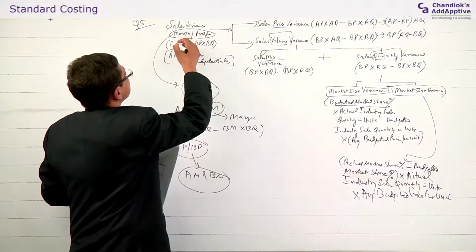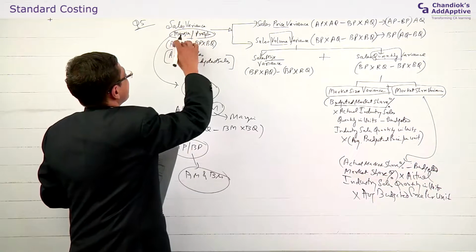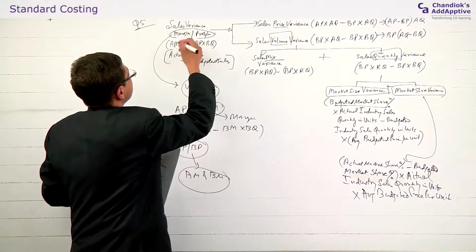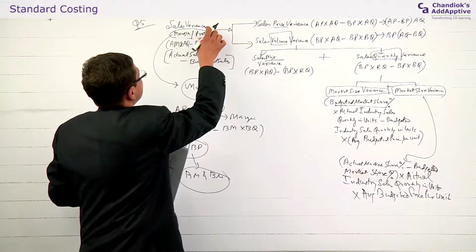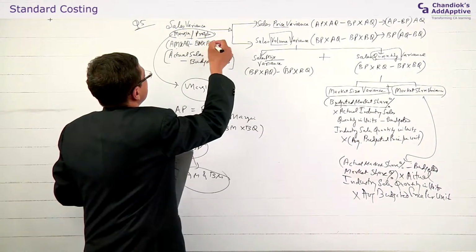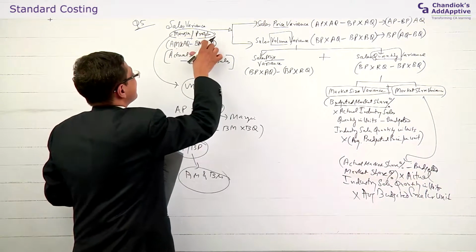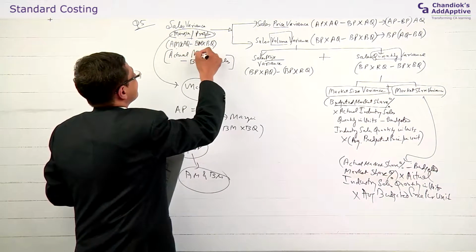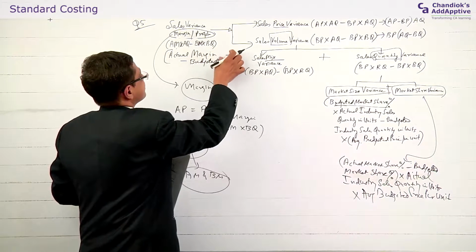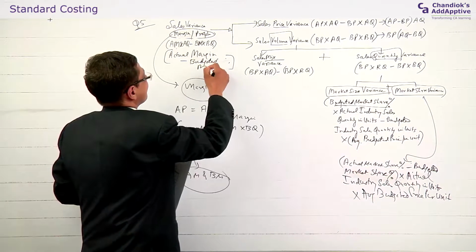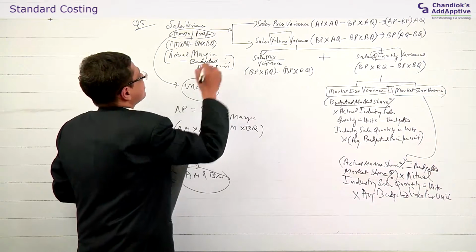So this becomes AM into AQ minus BM into BQ. So this becomes actual margin minus budgeted margin.